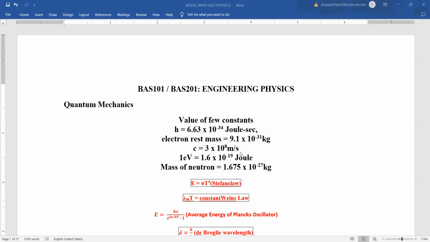Velocity of light 3 into 10 to the power of 8 meter per second. 1 electron volt equal to 1.6 into 10 to the power of minus 19 joule, and mass of neutron 1.675 into 10 to the power of minus 27 kg.